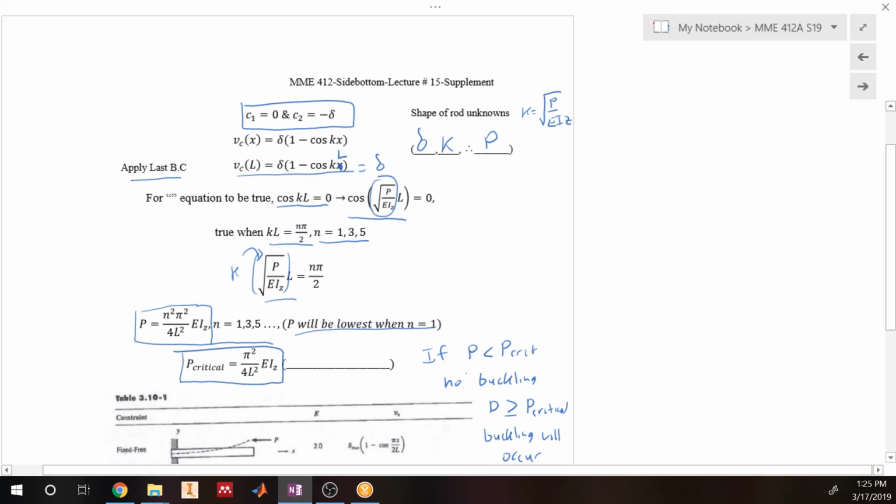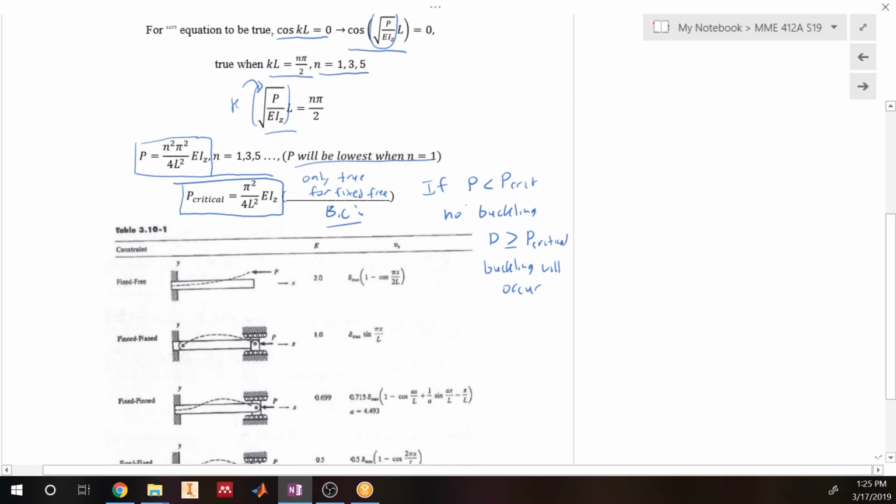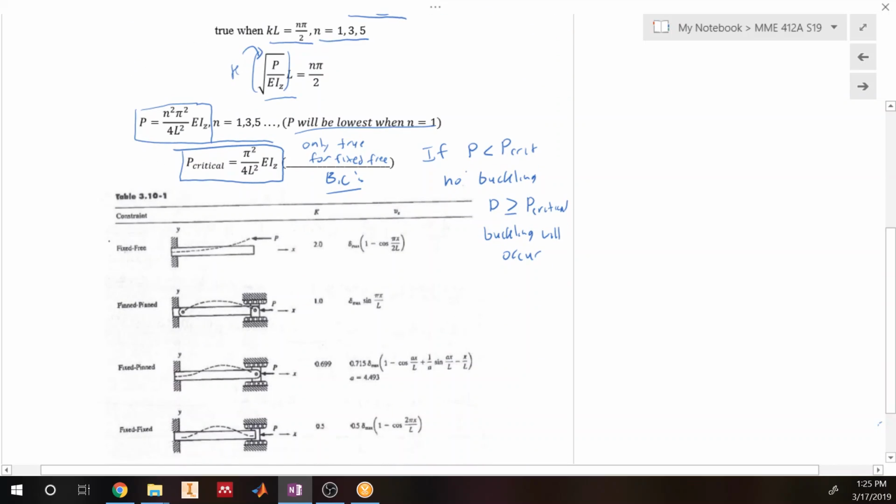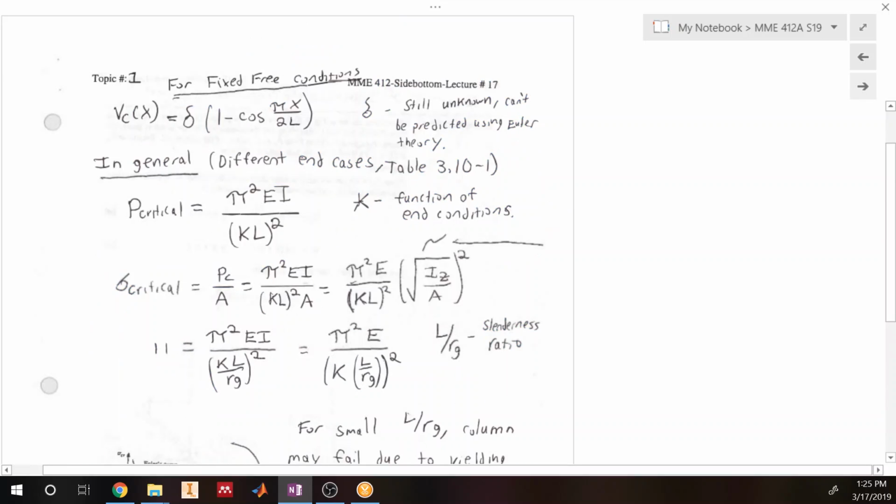So this equation here is only true for fixed free boundary conditions. Right. So we will talk about the other boundary conditions, such as fixed free, pinned, etc. on the next slide. So I'll just keep going here.